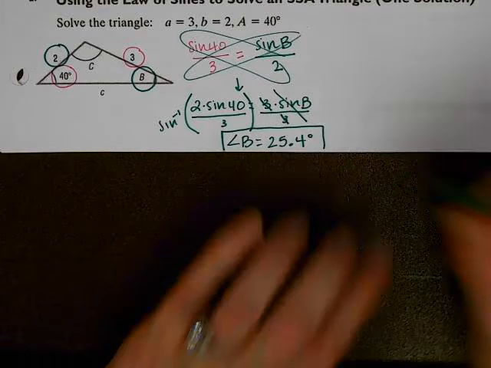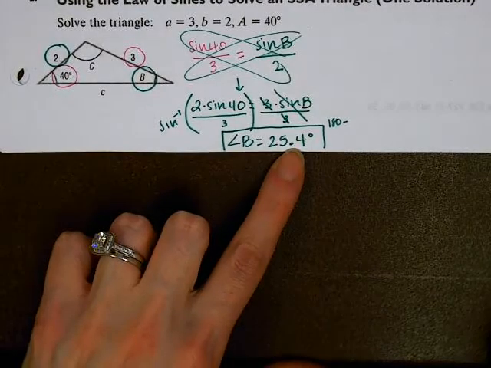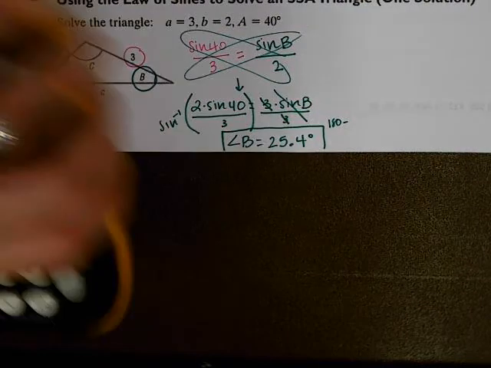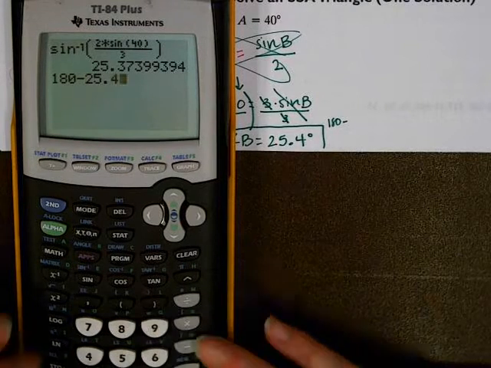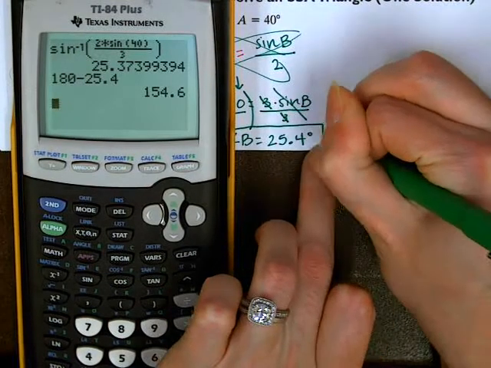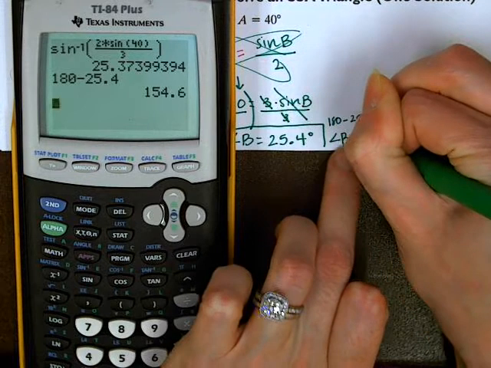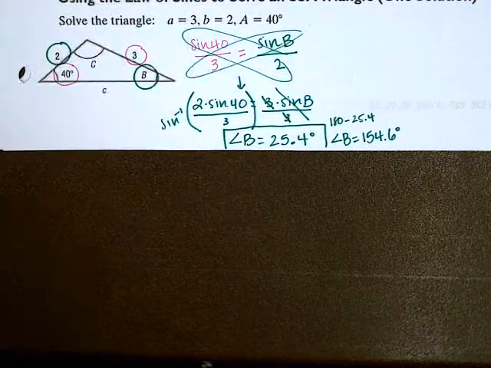So what you do is you subtract 180 minus this first angle that you found. So 180 minus 25.4. That gives us that angle B could also maybe be 154.6 if it was a different type of triangle.